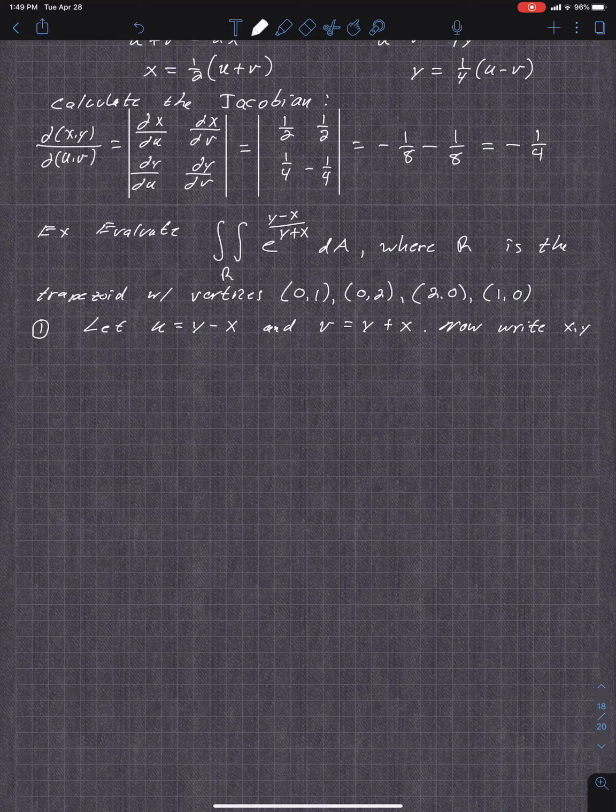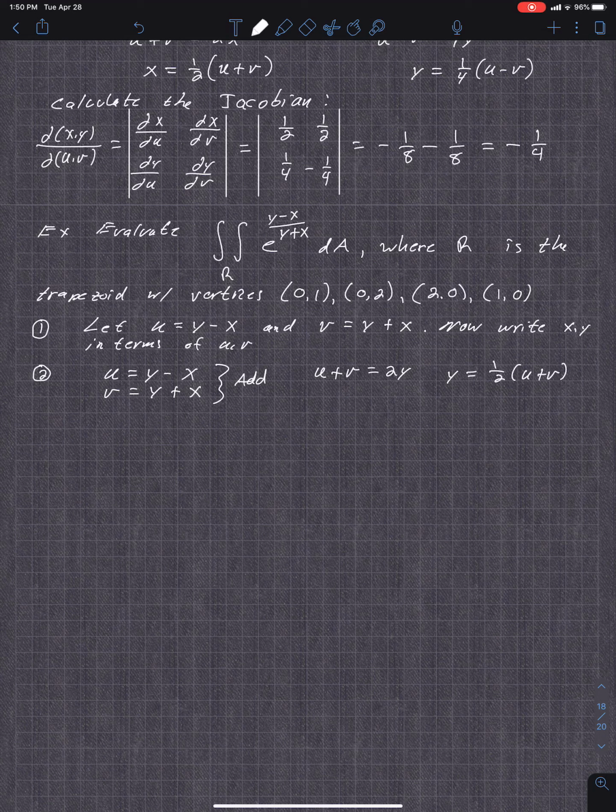Now write x and y in terms of u and v, like we did above. This will be very similar to what we just did above. So you have u equal to y minus x and v equal to y plus x. So there we can add again, and you'll eliminate x, and so you'll have u plus v equal to 2y, or y is equal to 1/2 (u plus v).